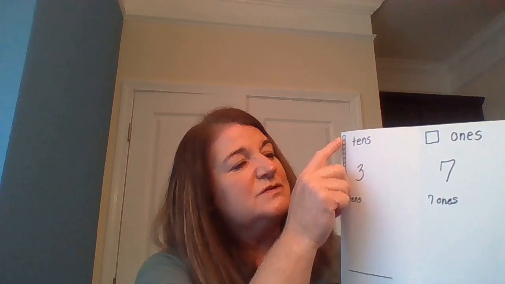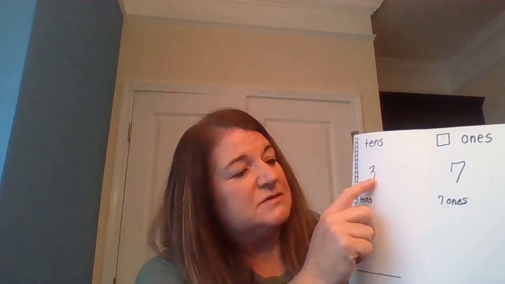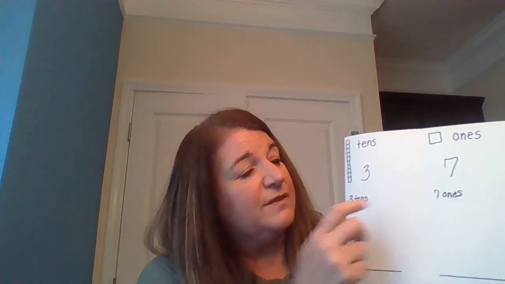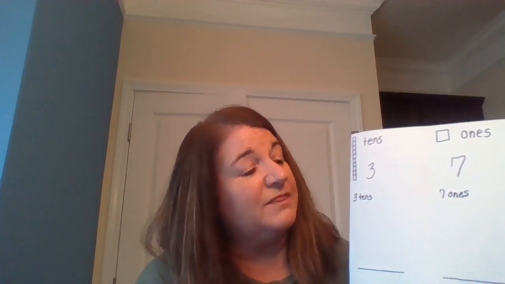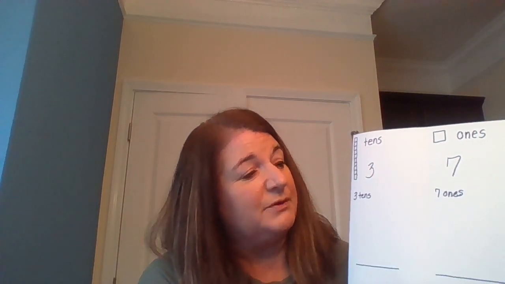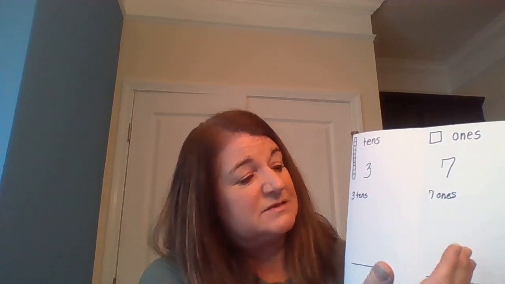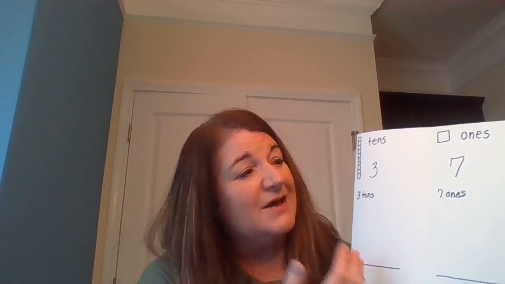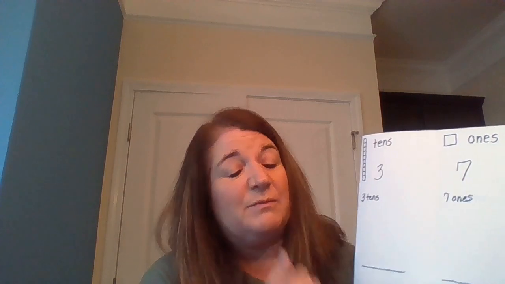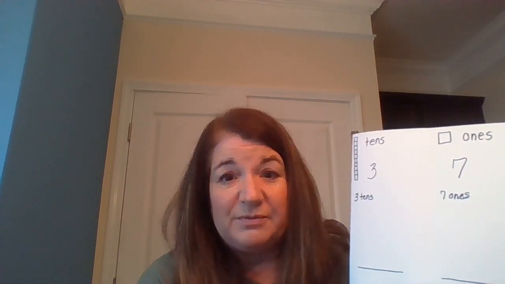If we look at tens place, we have to think of things in tens place. So 3 tens, or the value is actually 30. So when we think about place value and we think about those two words separately, the place tells us, is it ones, is it tens? The value tells us how much that number is worth in that place.